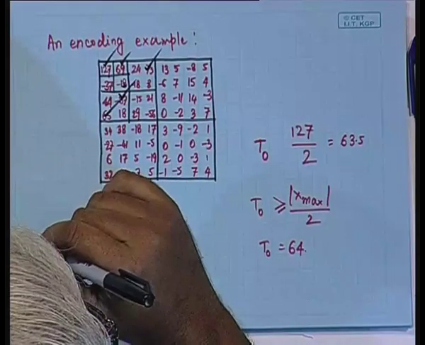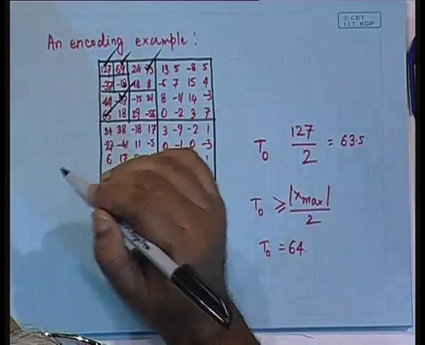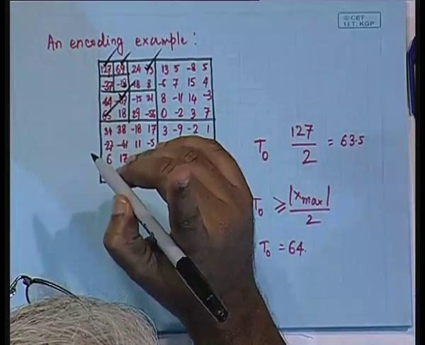Okay. Now, what can we call as this minus 37? It is a 0, but it is not a 0 tree root. Okay.